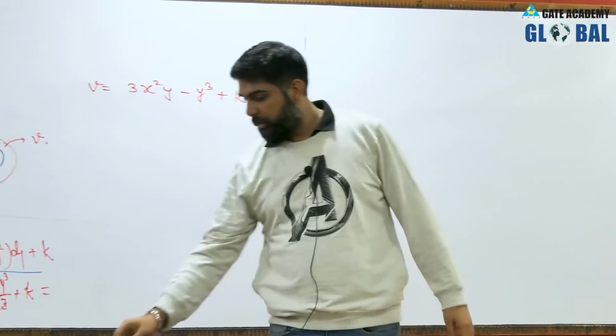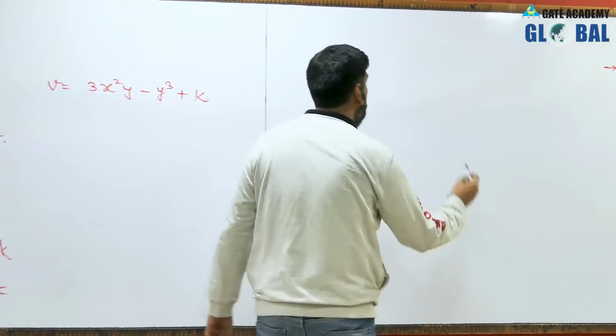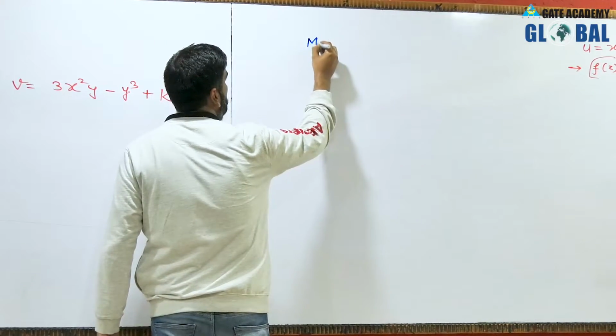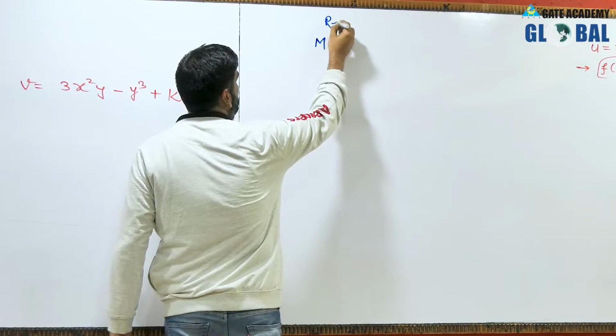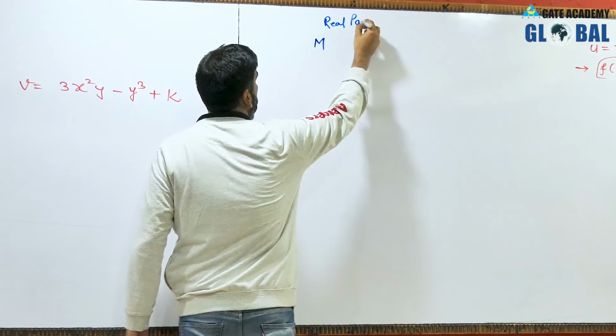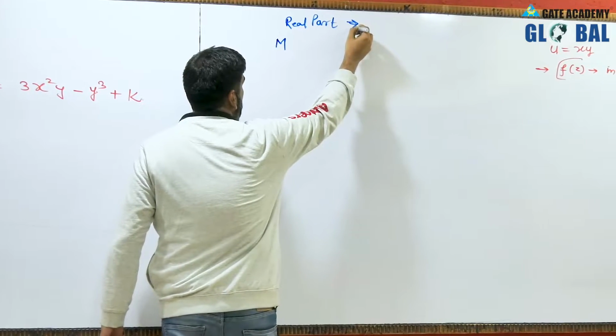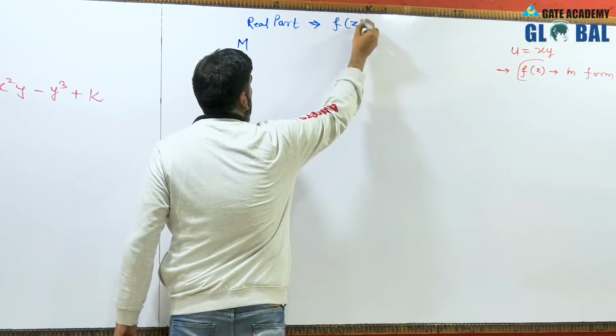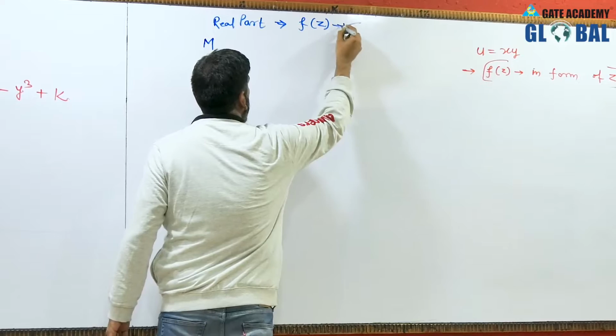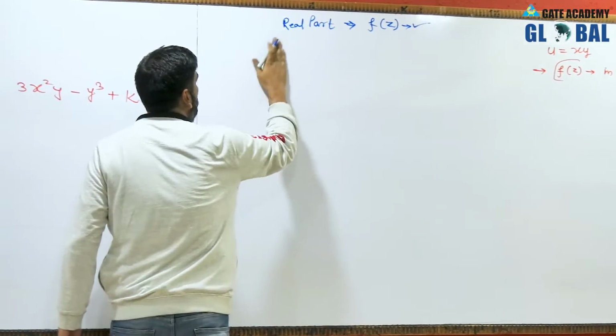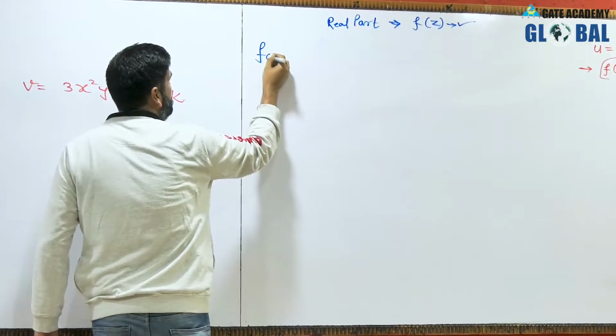Then what should we do here? We need to apply the Milne Thomson method, because we are given the real part, and from the real part we need to evaluate the analytic function. So this is nothing but formation of analytic function. So this is my experiment.